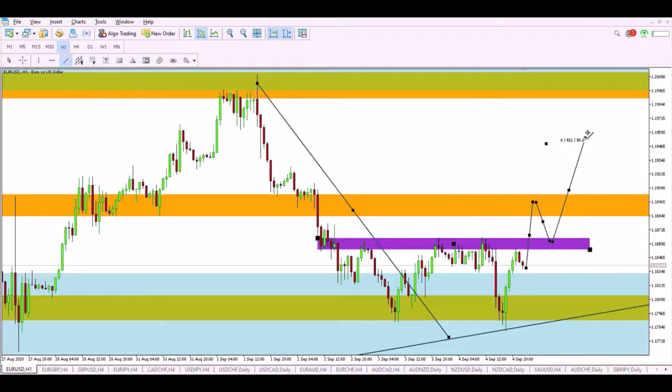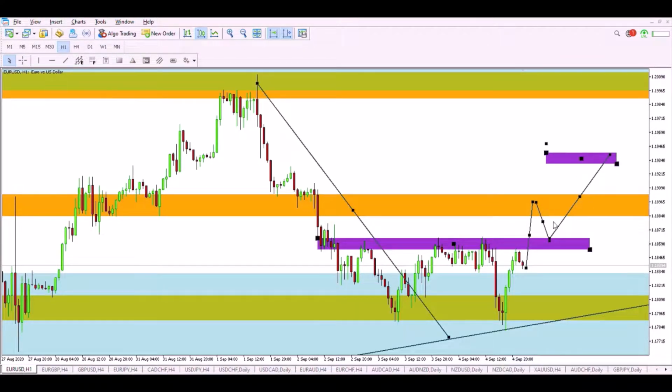and from the neckline we can head to our target, which is how much? I know you know, exactly the size of our double bottom formation. So we take the size, we apply it, and we should take our profit somewhere here.